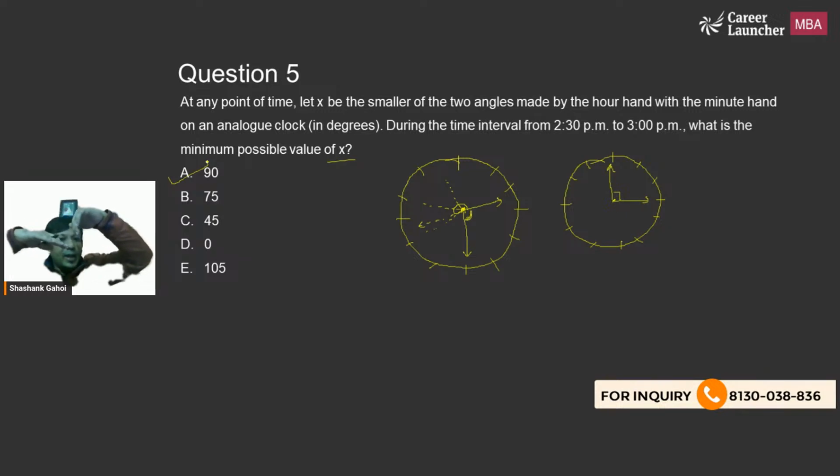So between 2:30 and 3, what is the minimum possible value? That is going to be 90 degrees itself, right? So the answer of this question is going to be option A. We can solve it mathematically, but why solve?